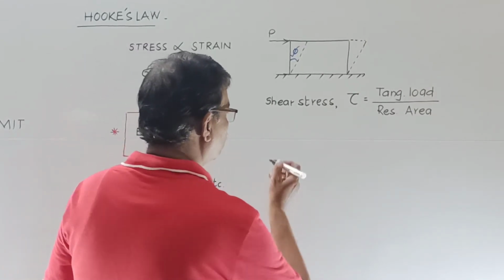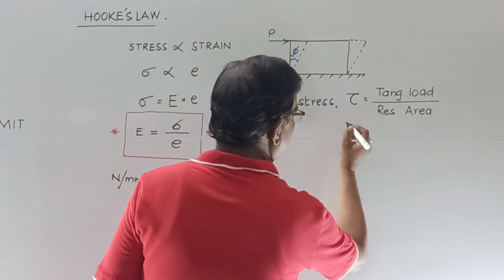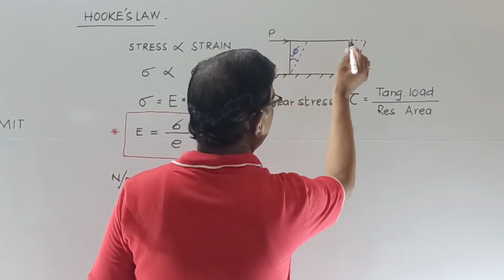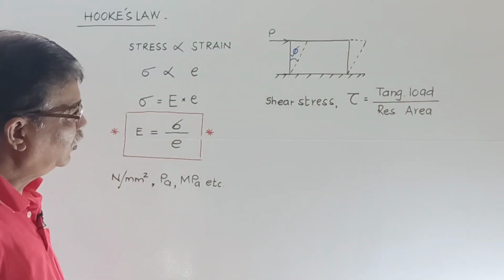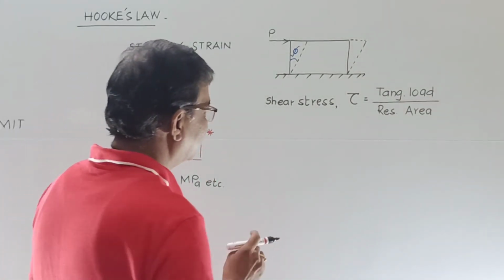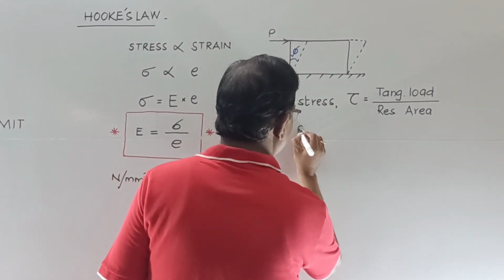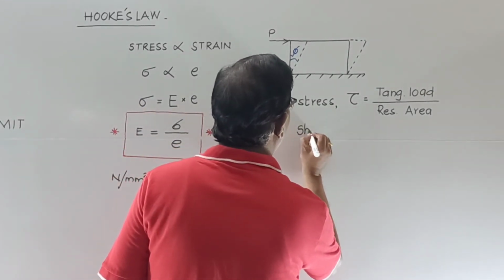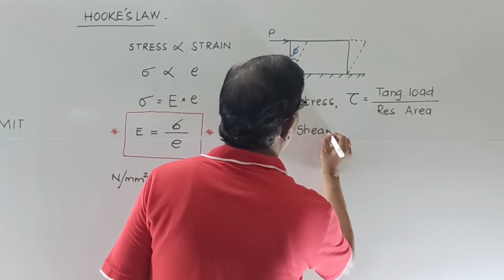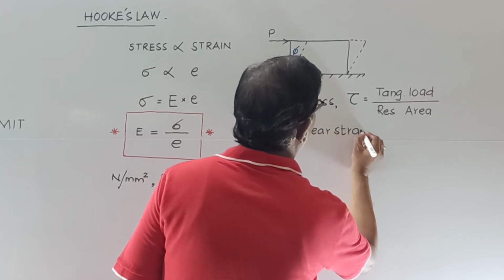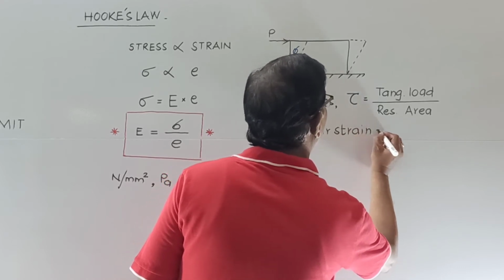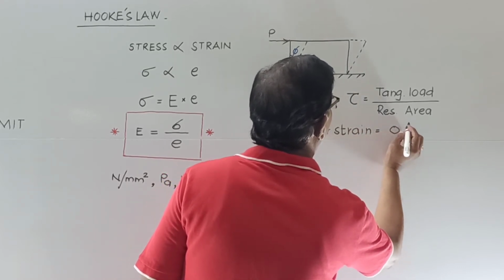Okay. So tau will be P divided by area, whatever will be the area of top. Okay. So that is shear stress, and the shear strain will be, what is shear strain here? The deformation is angular, so shear strain will be phi.